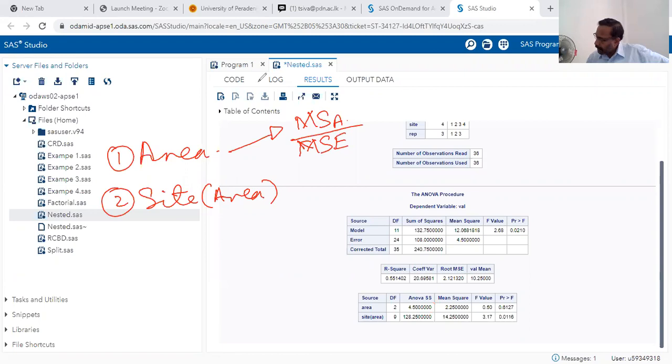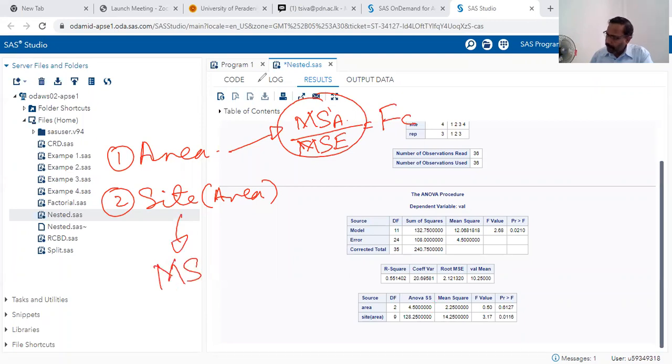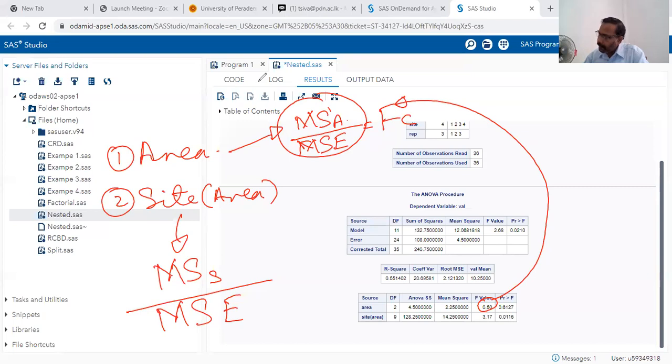What normally we say, we will come to that, the correction later on. So this is the normal procedure to calculate the F value. To calculate the F value for the site, mean square of site divided by mean square of error. So that is what the computer has already done.